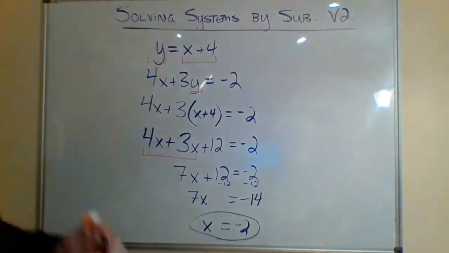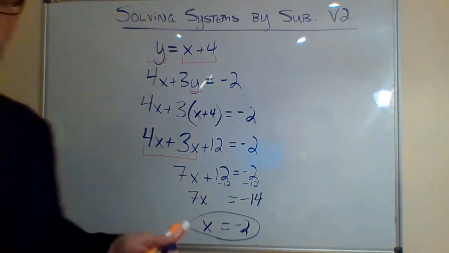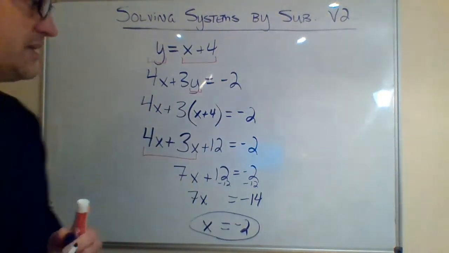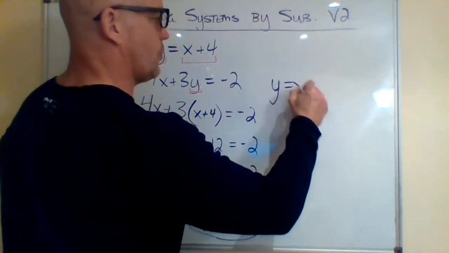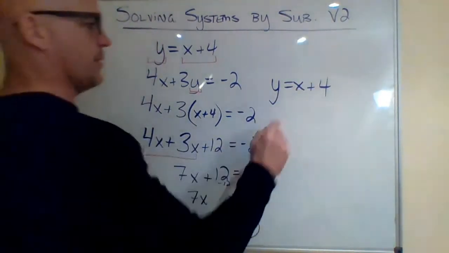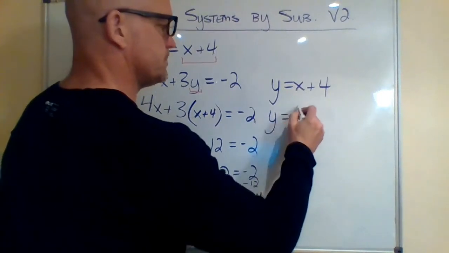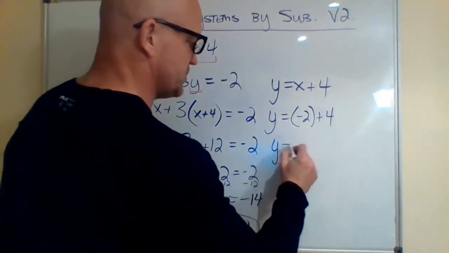Once I have my x value, I can go back up to either one, plug it in, and solve for y. I think we'd all agree that that top one's a lot easier to work with. So I'm going to take that, y equals x plus 4. I'm going to take my x value of negative 2 and substitute it in there. And of course, simple addition right there.